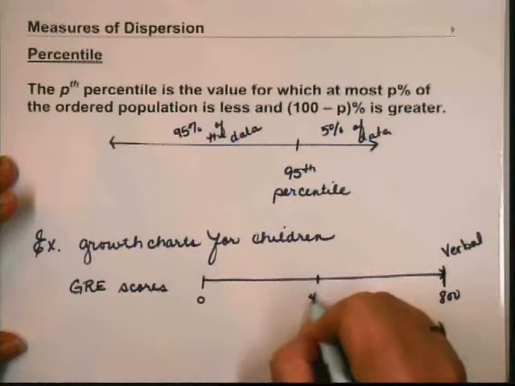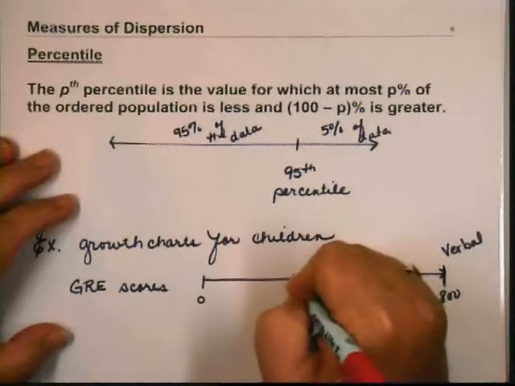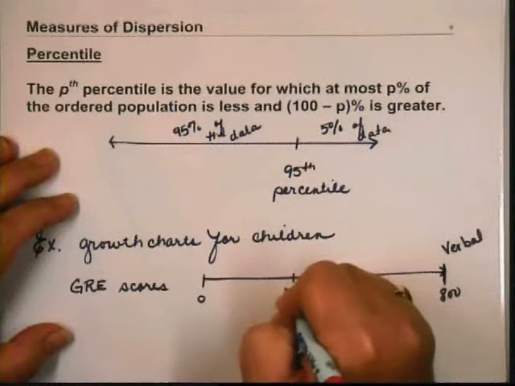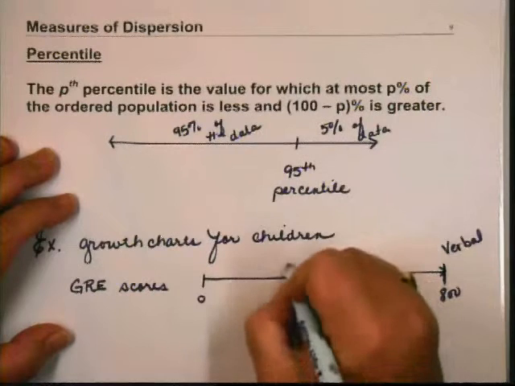400's halfway. Okay? And so when I was looking at these verbal scores, 380 was the 25th percentile.